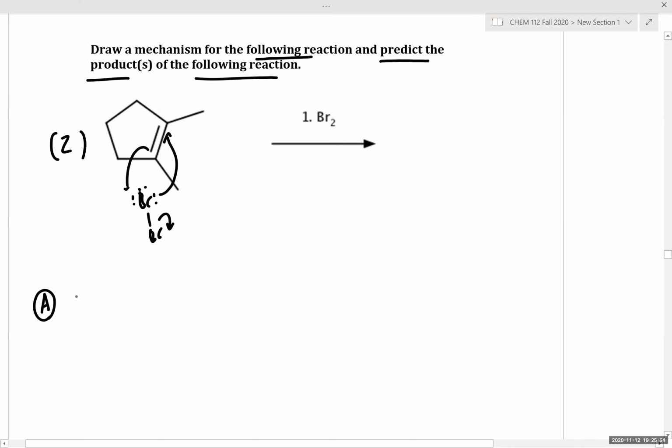Option A, we have coordination on the top face, or we can have coordination of our bromonium on the bottom face.